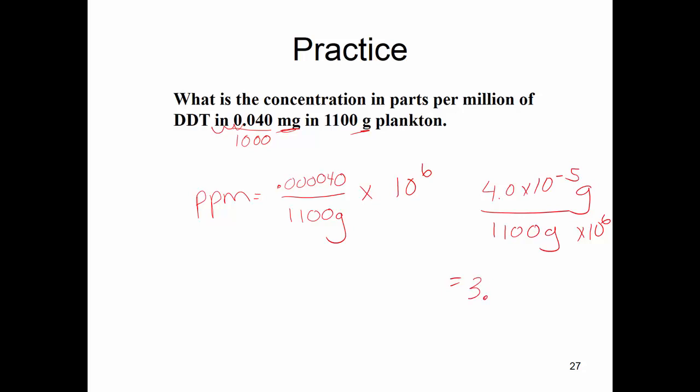So we get 3.63 times 10 to the negative 8, and then we multiply that times 10 to the 6th, and we get 0.036 parts per million.